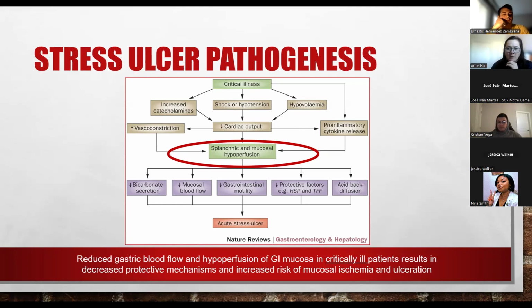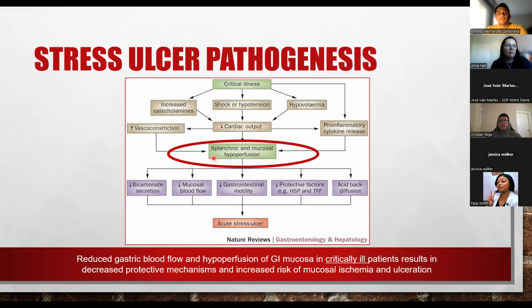All right. So here we have the critical illness. We can have shock or hypotension when we're critically ill. And we can have hypovolemia, not enough blood volume. So that leads to decreased cardiac output. That decreased cardiac output leads to splenic, so that abdomen area, and mucosal hypoperfusion.